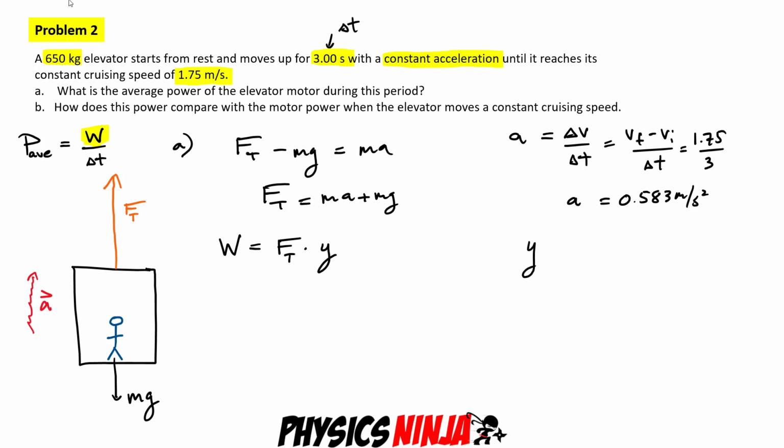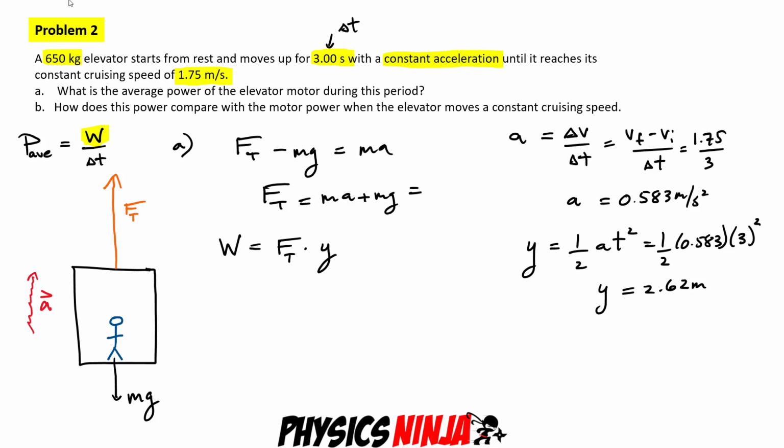Here we're going to use some kinematic equations. If the motion is constant acceleration, this is how I can calculate how high I'm going to move up during this time period. So you have 1/2, 0.583, and the time is 3, and I have to square that. So I get a vertical displacement of approximately 2.62 meters.